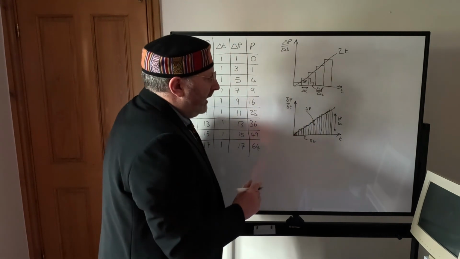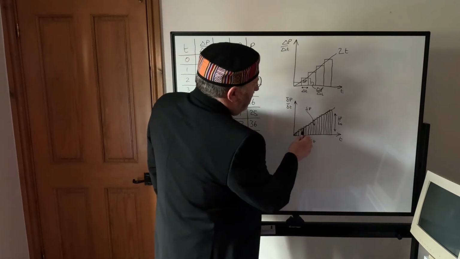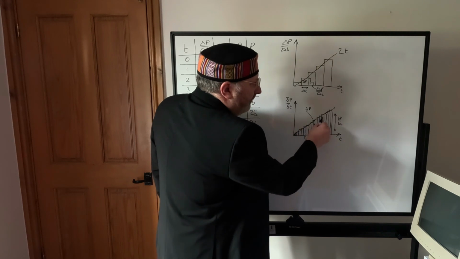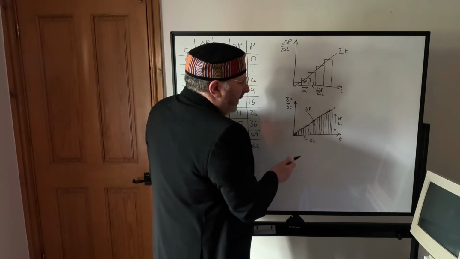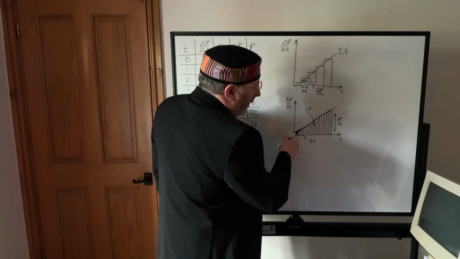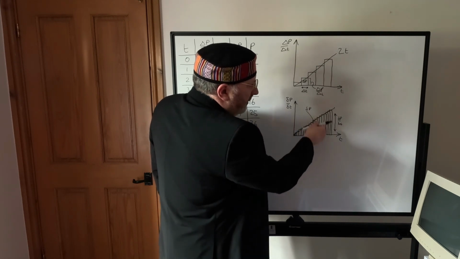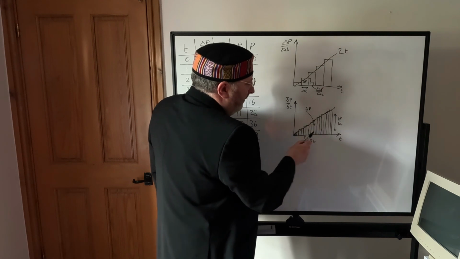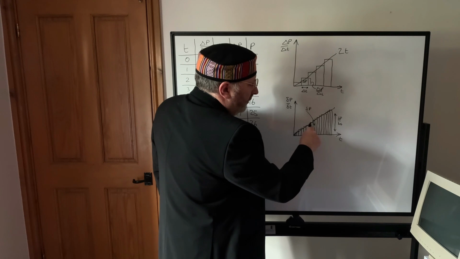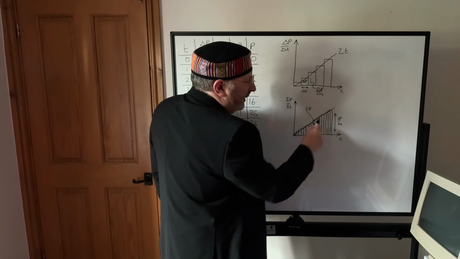And you can see now that because we're taking smaller steps, we're fitting much more closely to this line. And when we're finding the areas of all these rectangles, we're basically finding the area that's underneath this line. It's still not completely exact because we're still using finite steps, so there is a little bit of overlap.